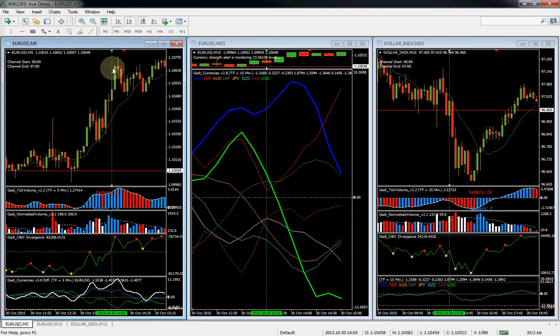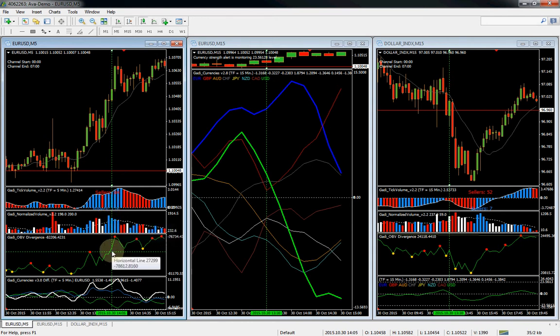So let's go another step along. Certainly now it's starting to look better, but it's still not quite right, is it? We've got a green closed candle there, we're above zero, we're blue, this is pointing up, we've got above average blue. The volume has actually dropped from the previous bar, hasn't it?